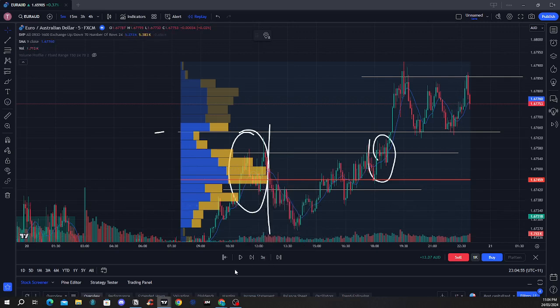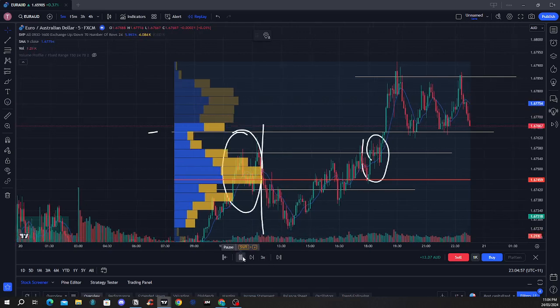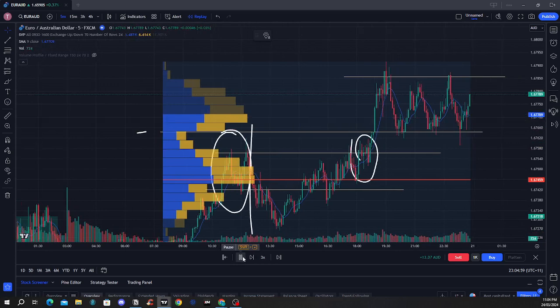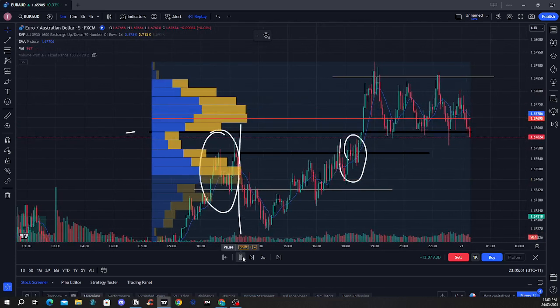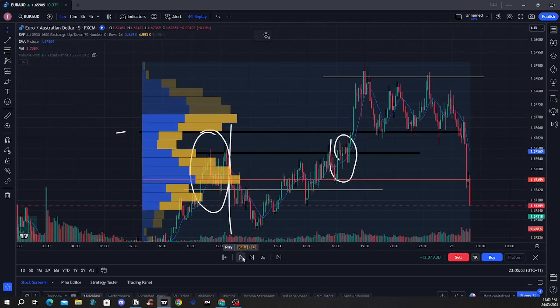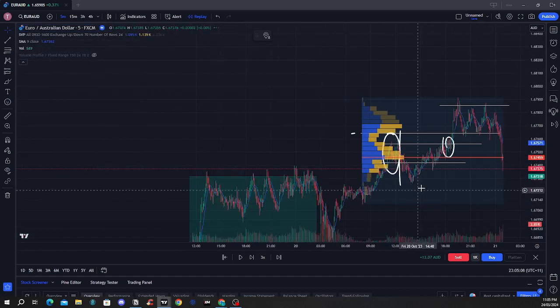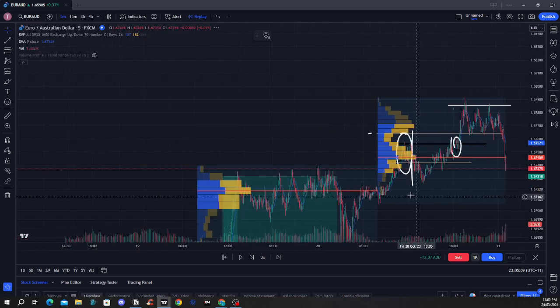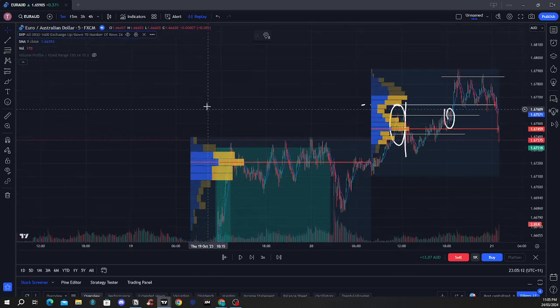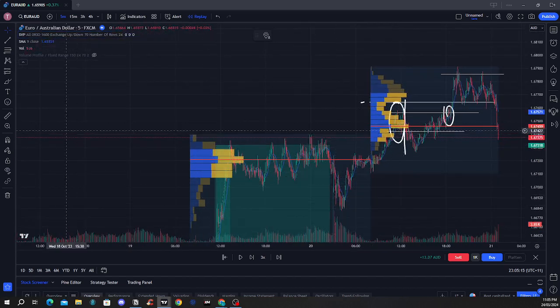I think if I let this go too, it ends up pulling back. So either way, good trade, two good trades for the book.